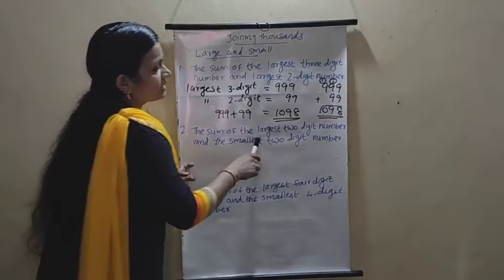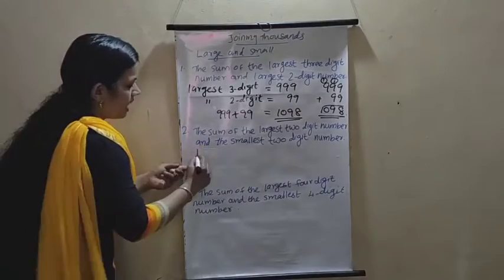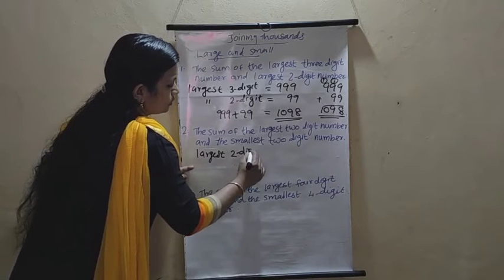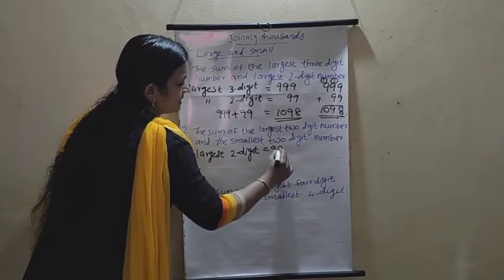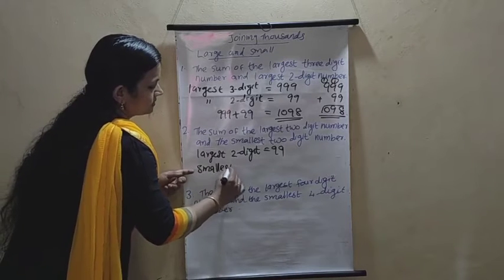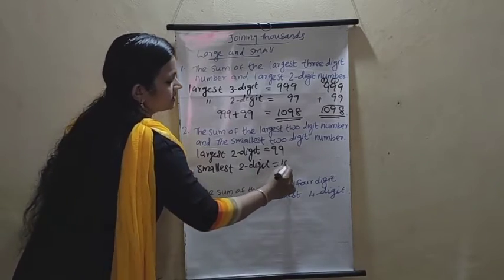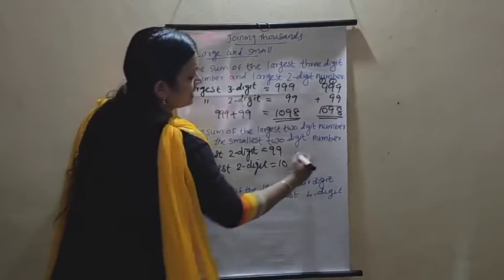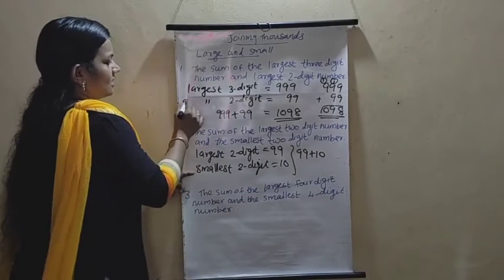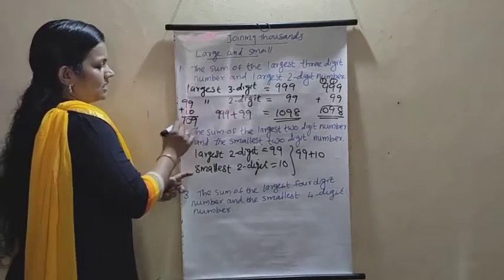The sum of the largest 2-digit number and the smallest 2-digit number. Largest 2-digit, we already learned, is 99. Then the smallest 2-digit is 10. Then what is 99 plus 10? 9 plus 0, 9. 9 plus 1, 10.